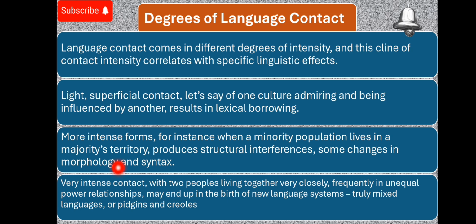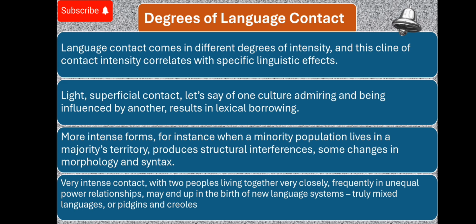And very intense contact, when two peoples living together very closely and frequently in an equal power relationship may end up in the birth of a new language system, truly mixed languages, or Pidgin and Creole, right?